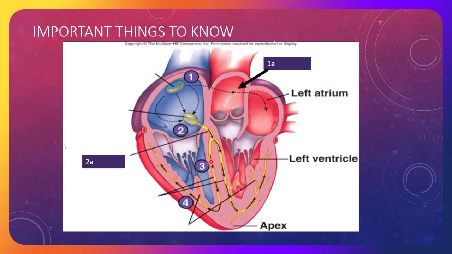Then it gets separated out into the left and right bundle branches, comes all the way down, and eventually ends in the Purkinje fibers. Remember, the impulse from the atria goes inferior to superior because that's the way we want the heart to contract. The impulse from the ventricles comes all the way down here, and then it gets sent back up through the tissue of the heart from inferior to superior. Okay.